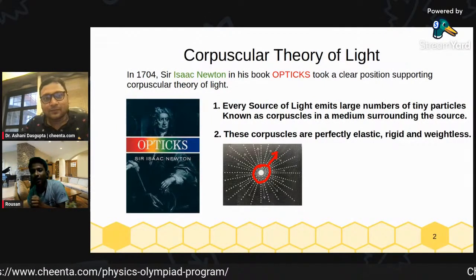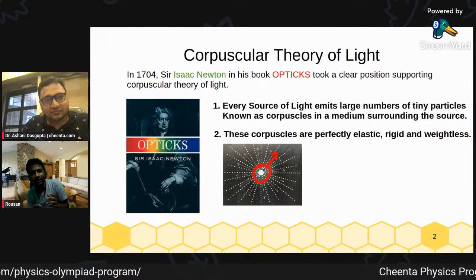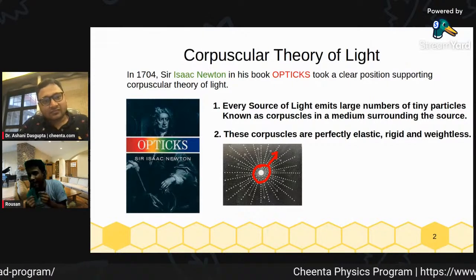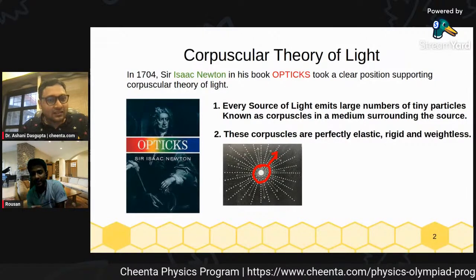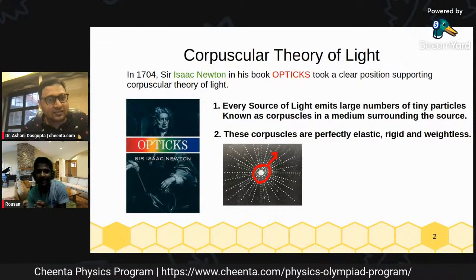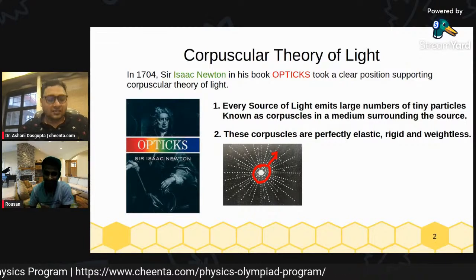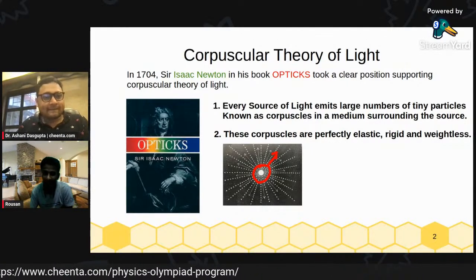Perfectly elastic means that after the collision, the total momentum and the total kinetic energy are both conserved. It is like the ideal case, like ideal gases, ideal collisions.